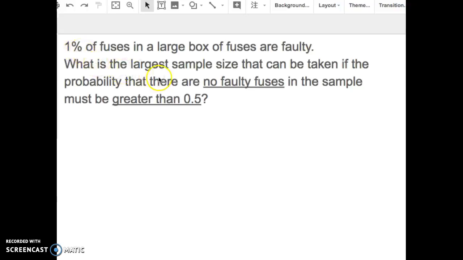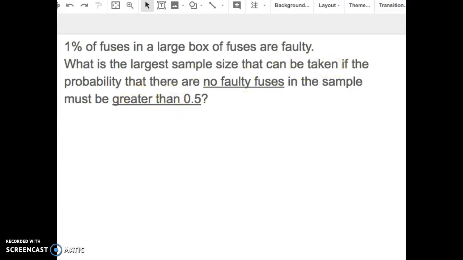They're asking us to find the largest sample size, the N, so that the probability where there are no faulty fuses, I have underlined this for you, feel free to do the same when you are solving questions or taking the quizzes or tests, must be greater than 0.5.